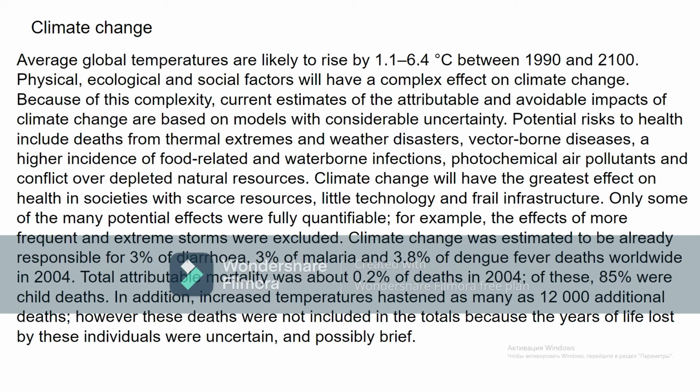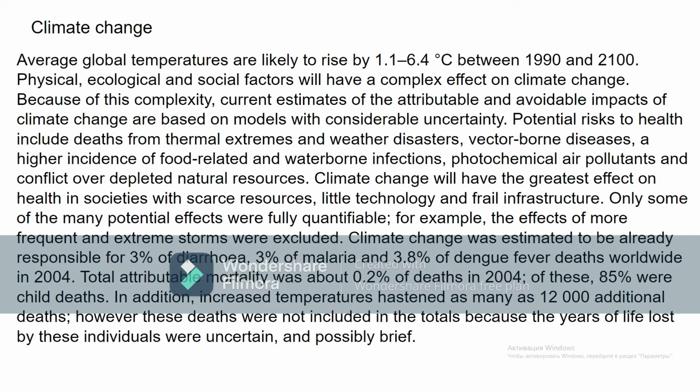In addition, increased temperatures hastened as many as 12,000 additional deaths. However, these deaths were not included in the totals because the years of life lost by these individuals were uncertain and possibly brief. As a summary, we could conclude that climate change, of course, influences health loss significantly, and it should also be considered.